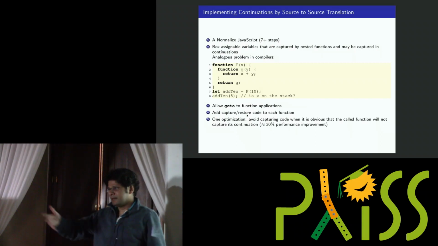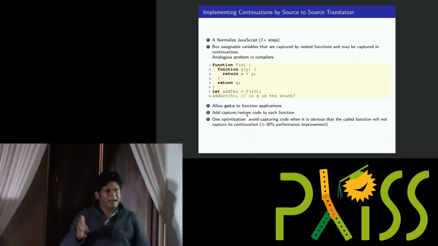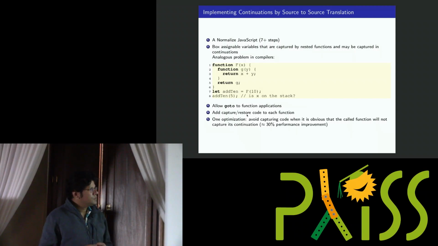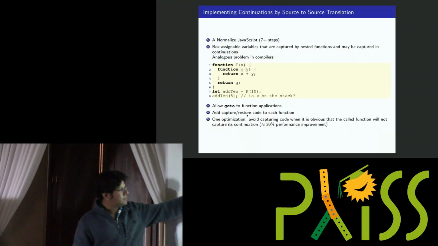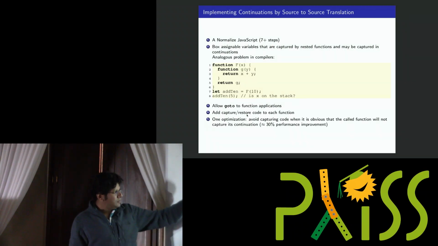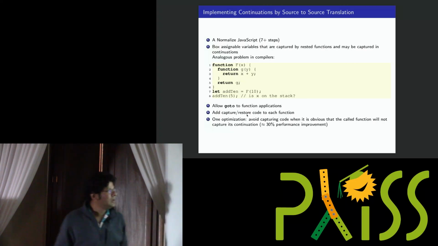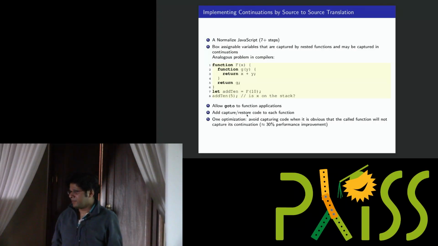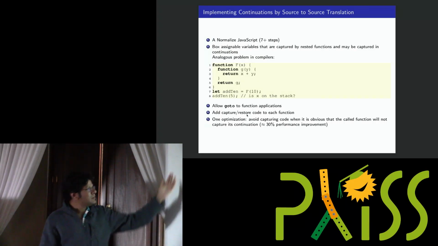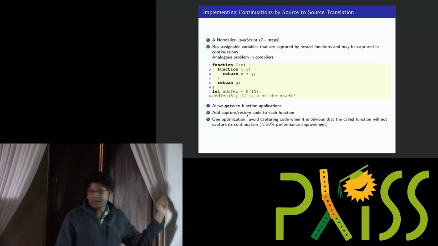This is the typical make-adder example. We can apply f to 10 and get out a function add10, and then apply add10 to 5. You can ask, is x on the stack at the point of this application? And the answer is no, because we've fallen out of f.